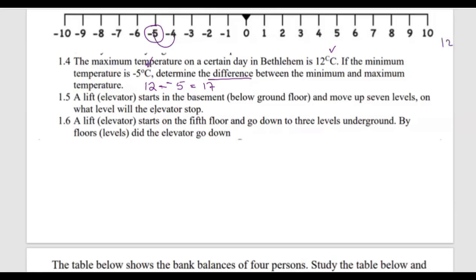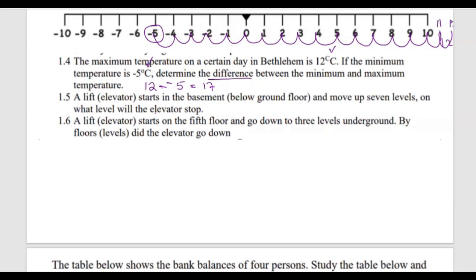So simply meaning we have 1, 2, 3, 4, 5, 6, 7, 8, 9, 10, 11, 12, 13, 14, 15, 16, 17. Take note of that. What is the difference? So the difference is 17.